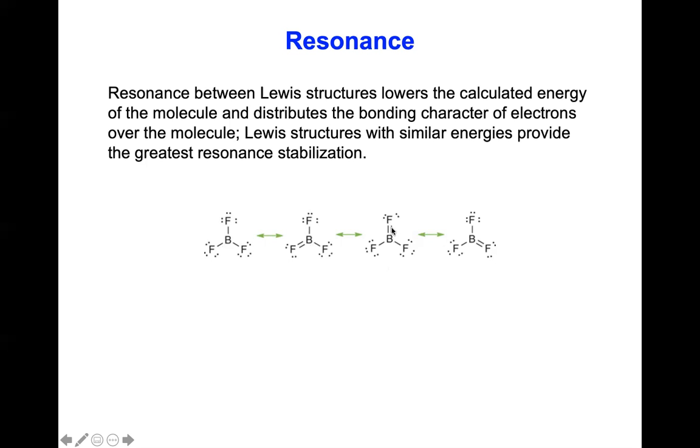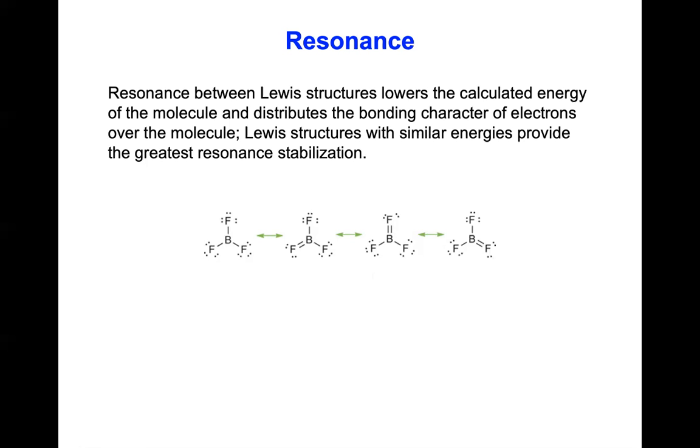You can move the double bond to the top fluorine, or move the double bond to the right side fluorine. So you can see then we have four different Lewis structures, and they form resonance between the four of them.